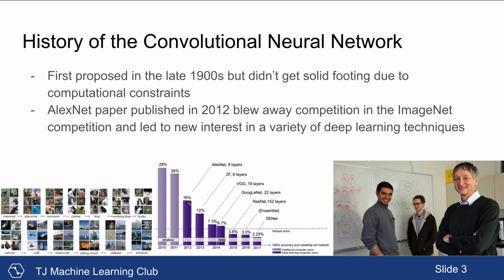Since 2012, there's been a huge interest in a lot of deep learning techniques. This paper kickstarted that, you could say. There was a lot of other stuff going on at this time too that revolved around these deep learning techniques, but this was the one that people were like, whoa, this is something.